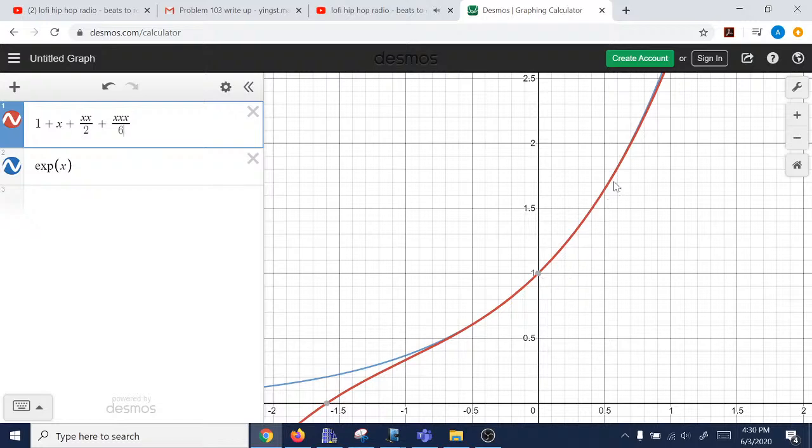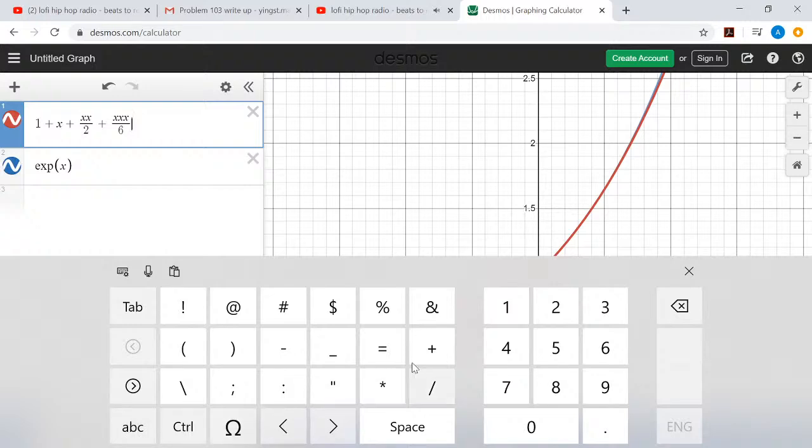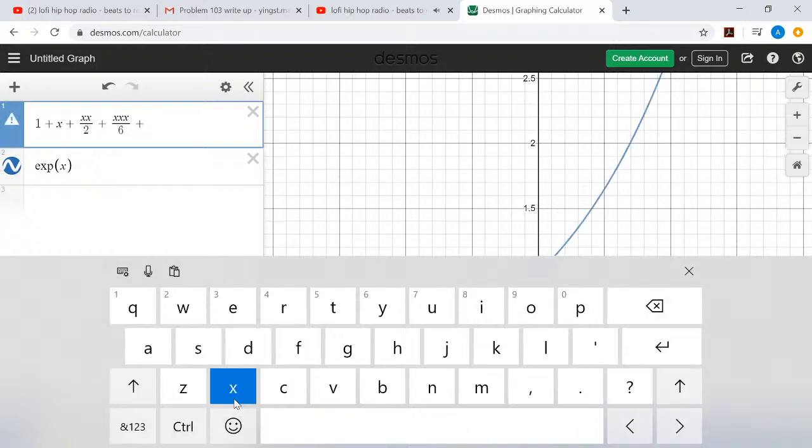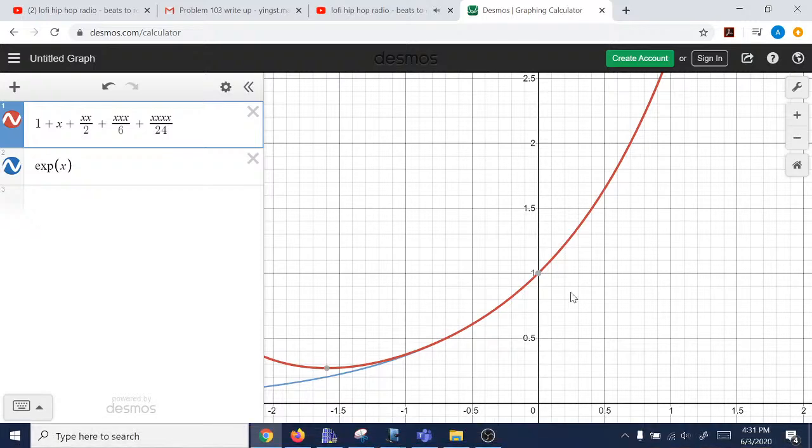Before, it was splitting off here, but now I can barely see the difference out here on the right. If I throw in one more term, plus x to the 4th over 24, I can't see the difference at all on the right, and back on the left they do split off eventually.